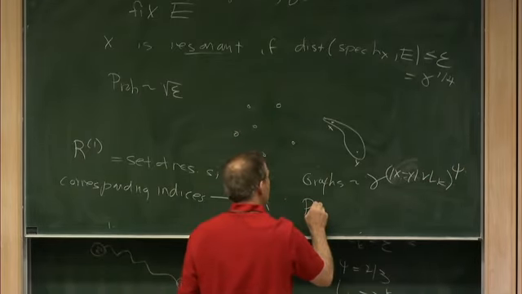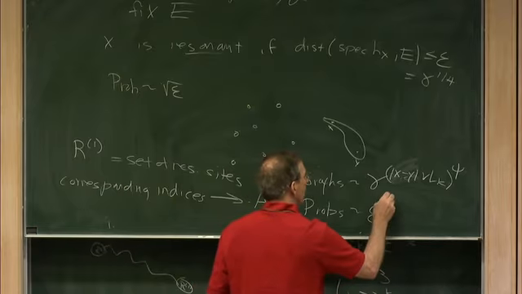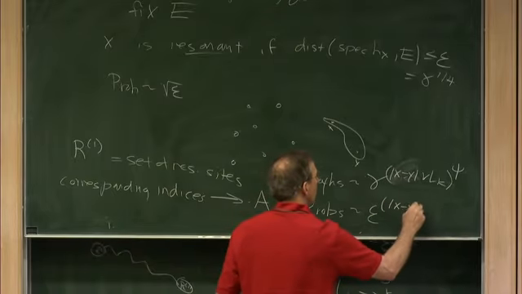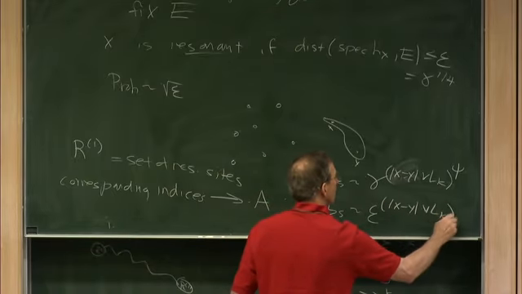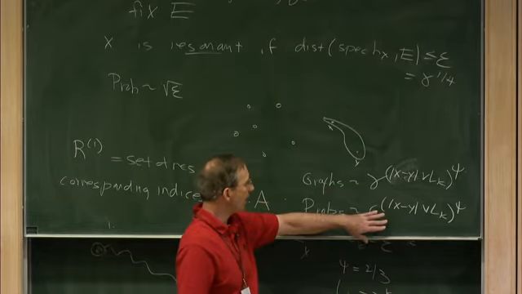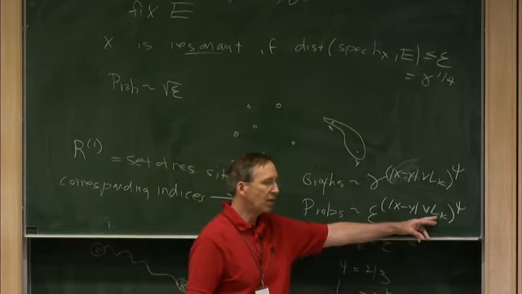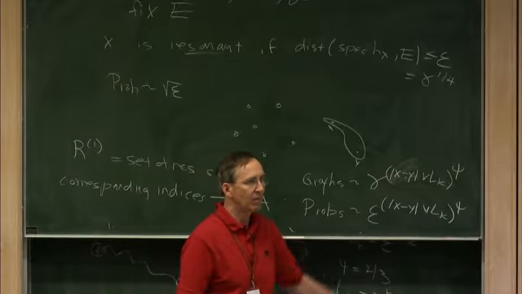But the probabilities also do the same thing. They go like epsilon to the x minus y, min LK to the psi. So this ensures that both the graphs and the probabilities are going to zero rapidly with k. Remember, LK is 2 to the k, basically.